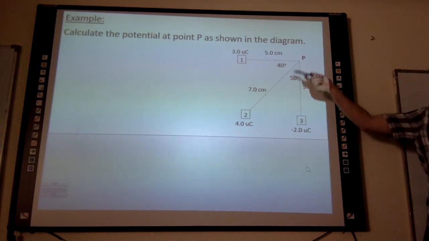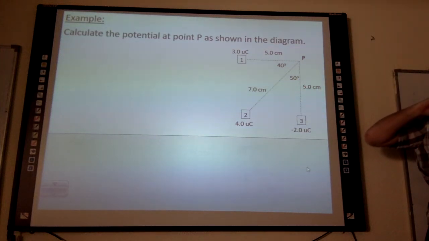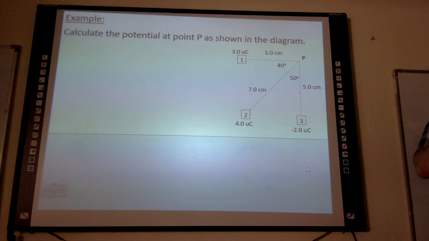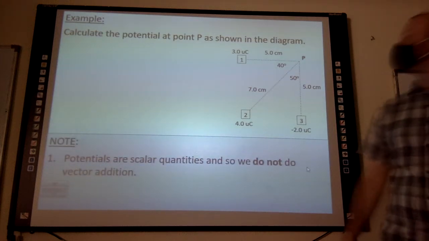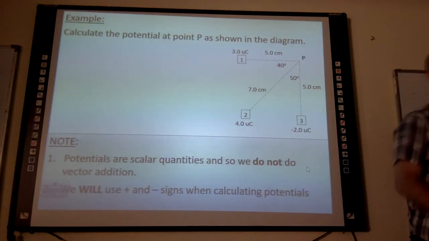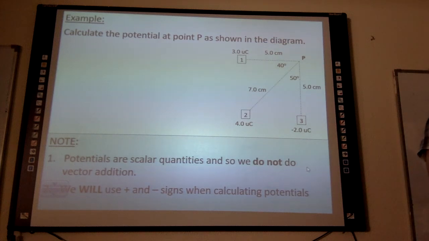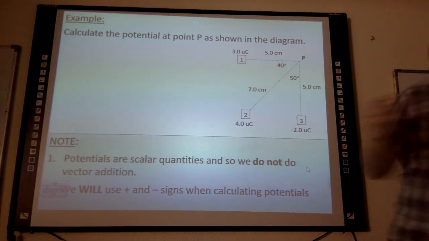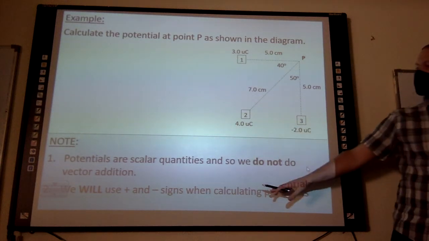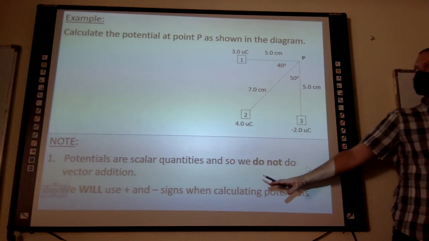So even though there are angles, I couldn't care less about them. All I need to do is add them like scalars instead of vectors. That means no vector angles, no vector diagram. Just figure out the numbers and add them. That's all you need to do. Again, scalar, use positive and negative.